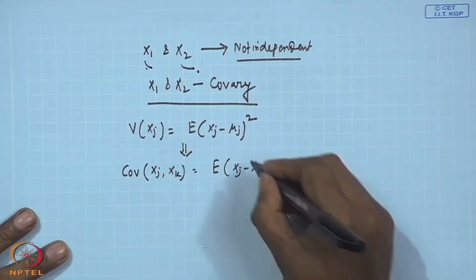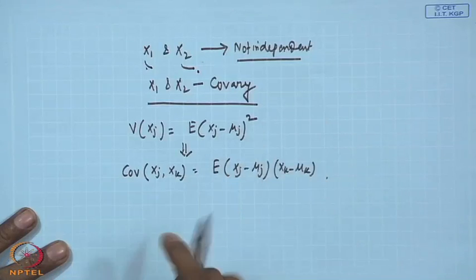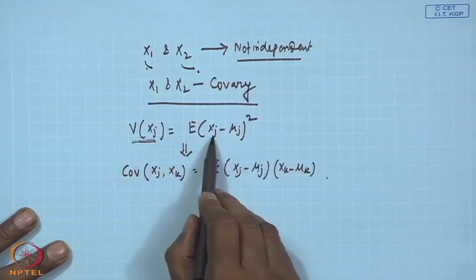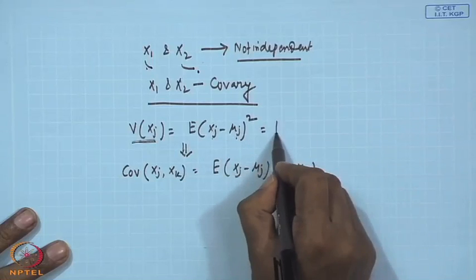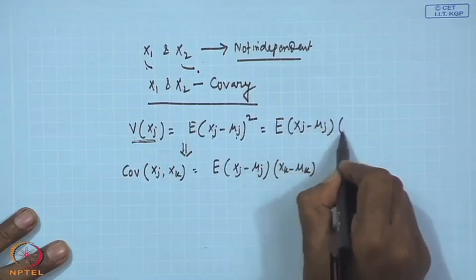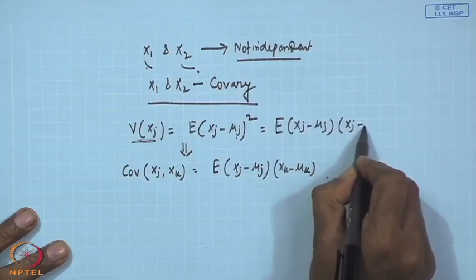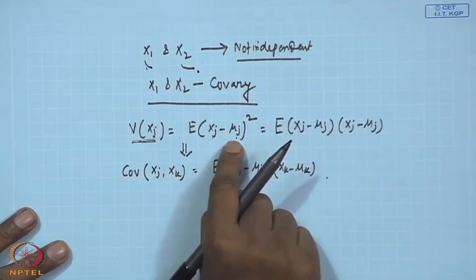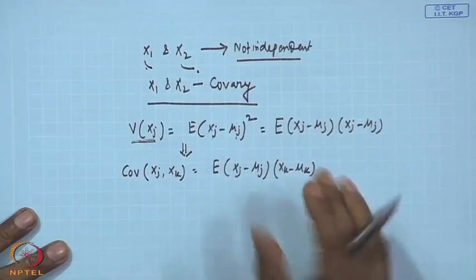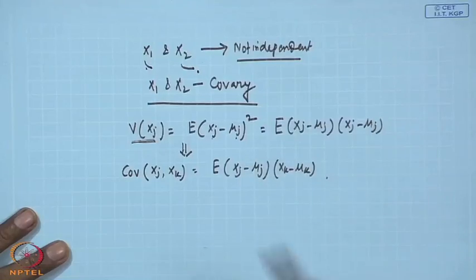You see the similarity between the two. When I talk about the variance of j, I am saying (xj minus mu j) and (xj minus mu j), that is why the square comes: the same variable repeated, x1 on x1.